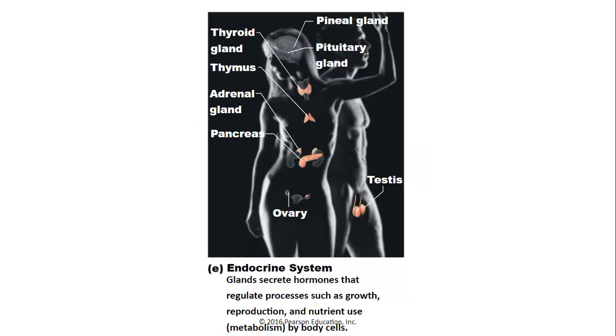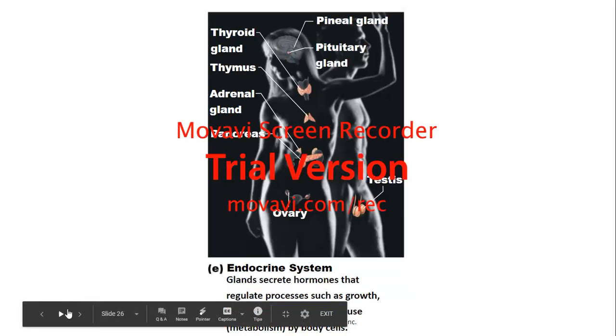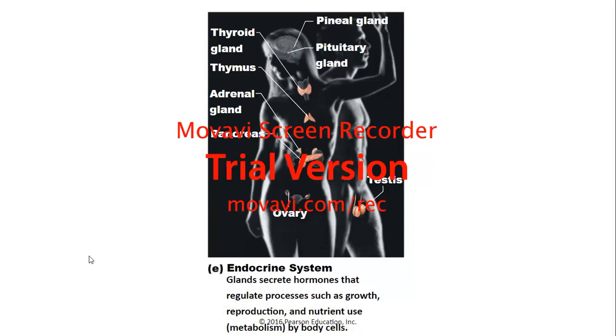Very, very important. But we talk mostly about the endocrine system in anatomy 2, though. We don't talk that much about the endocrine system in anatomy 1. But again, the endocrine system works very closely with the nervous system.